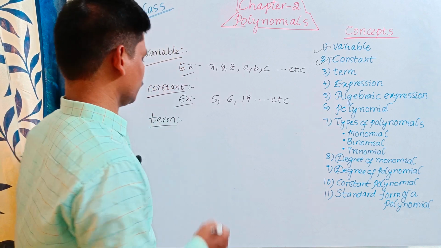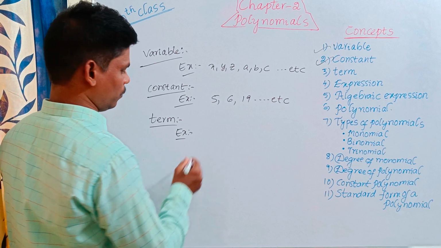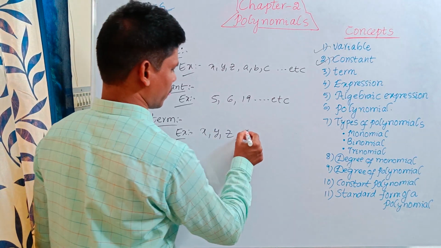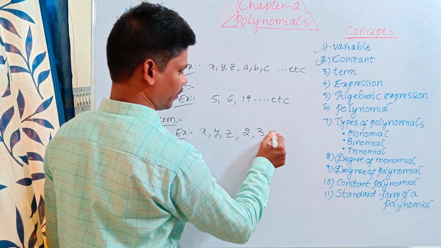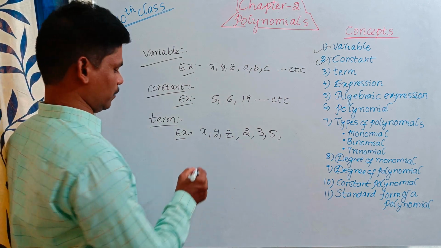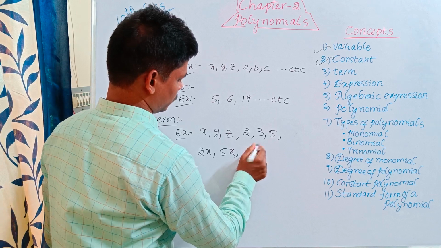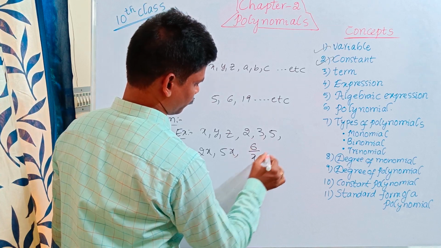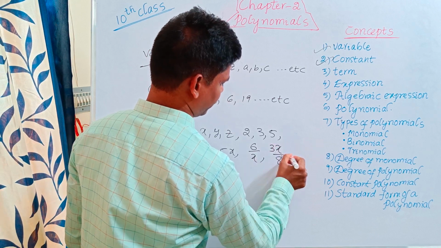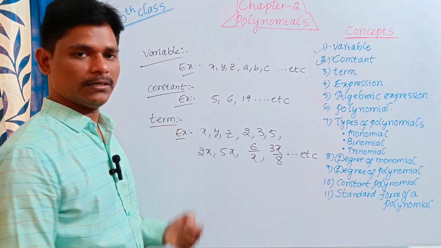Variable alones are x, y, z; constant alones are 2, 3, 5; and their combination by division or multiplication gives 2x, 5x, 6 by x, x by 3, x by 8, and so on. So these are the examples for the term.